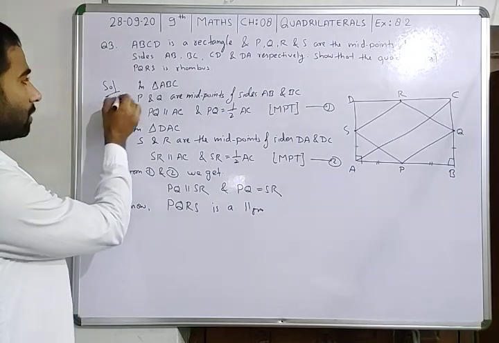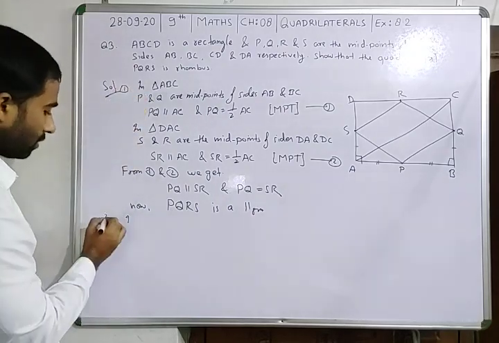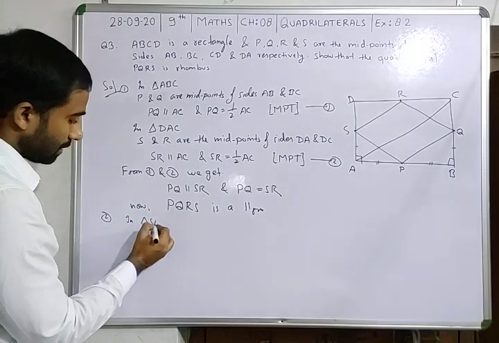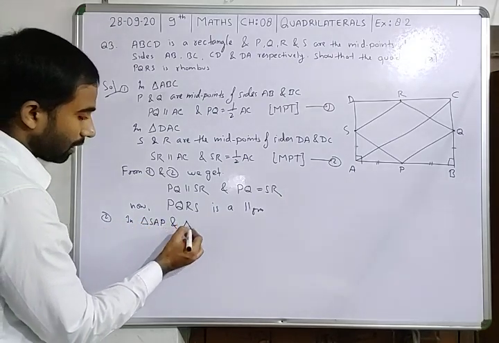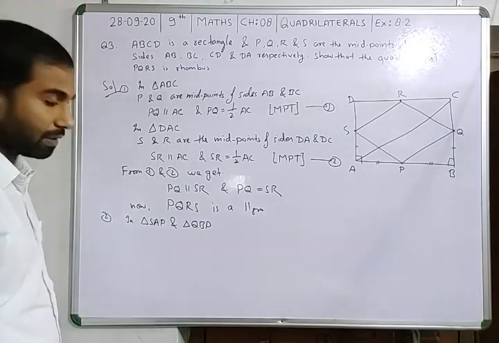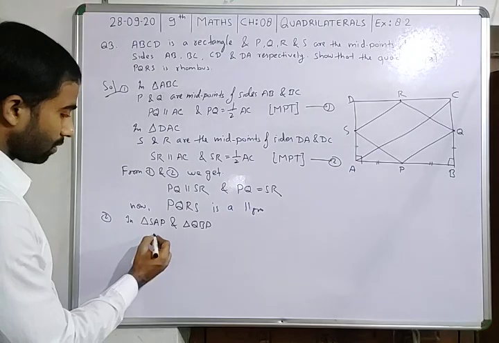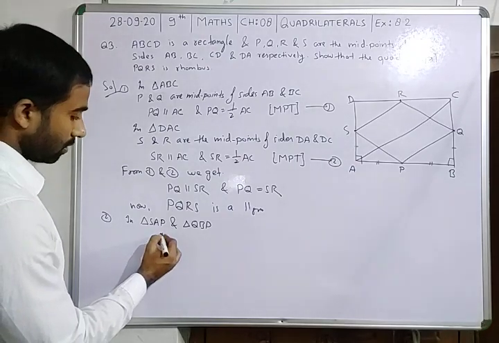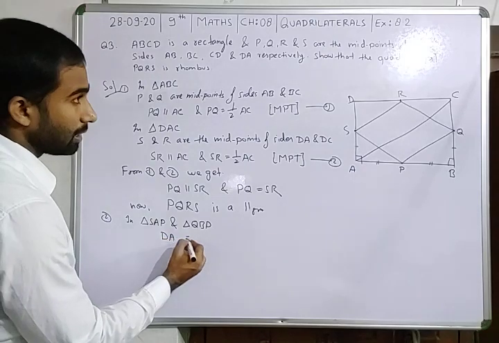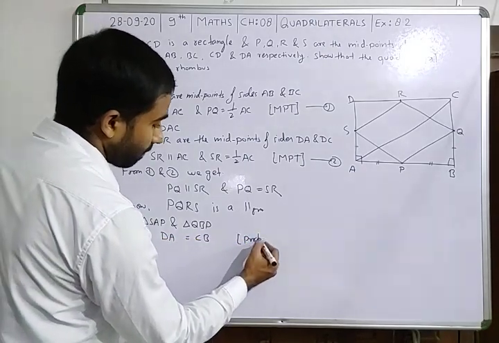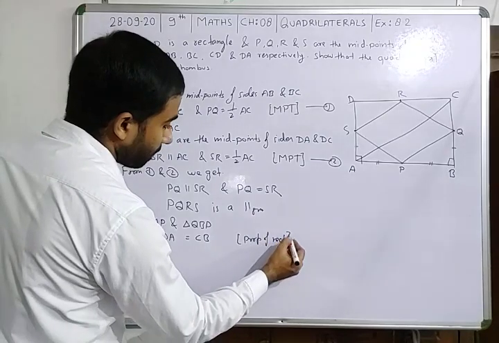This was part 1, and this is part 2. In triangle SAP and triangle QBP, we can write DA is equal to CB, property of rectangle.